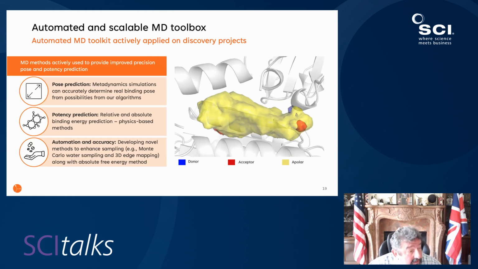The other factor that's important to us is, on the back of lower cost computing and the scalability of computing, we're exploring different sampling methods, again, to address some of the drawbacks of earlier-stage MD simulation approaches.